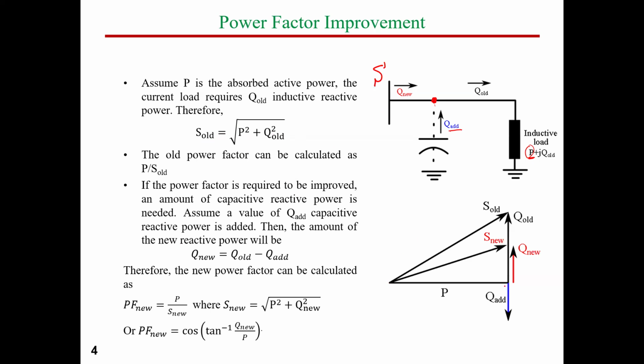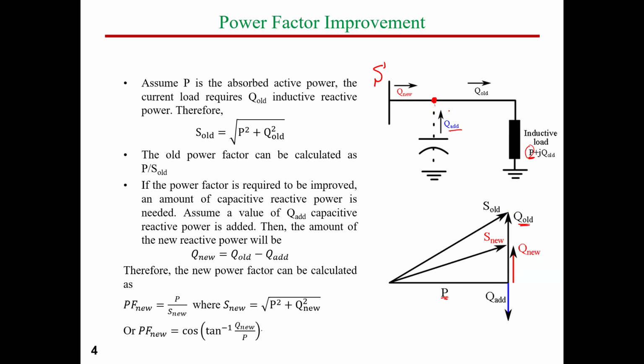And here in this power triangle, this part refers to Q old, on the horizontal axis we have P, the active power, and this is the old apparent power S.